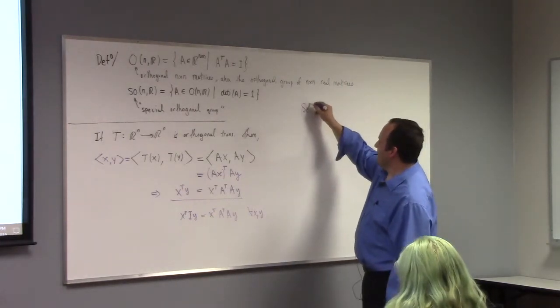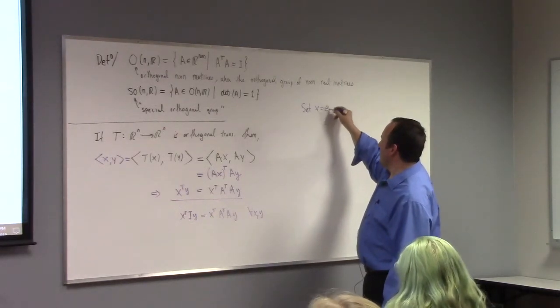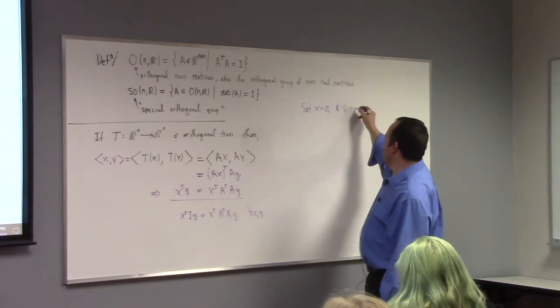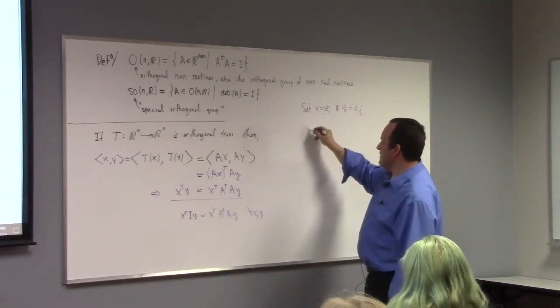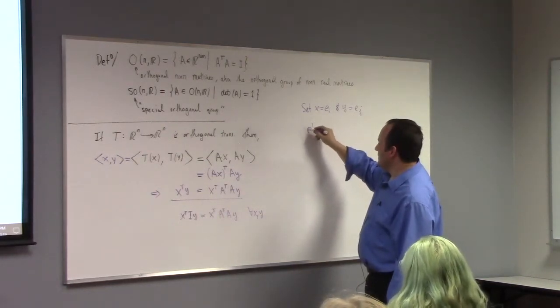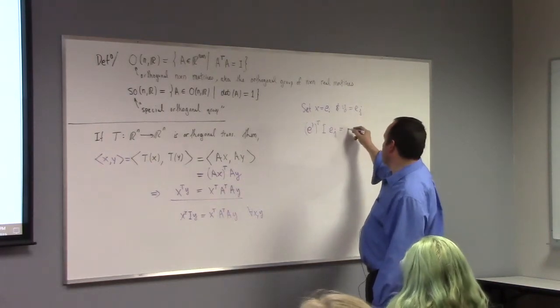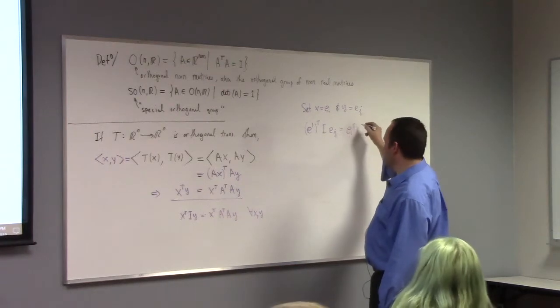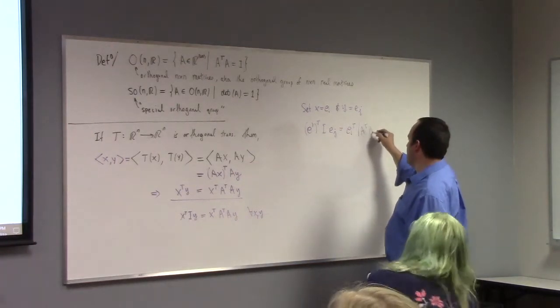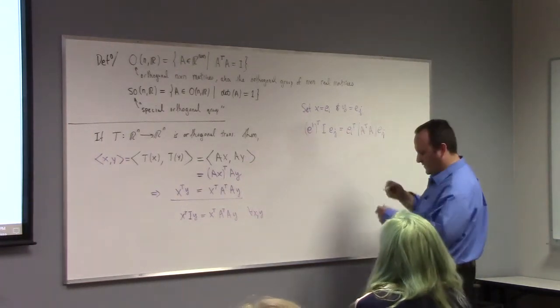How about this? If we set x equal to ei and y equal to ej, we get ei transpose I times ej is equal to ei transpose A transpose A ej. Man, these markers are just dead.